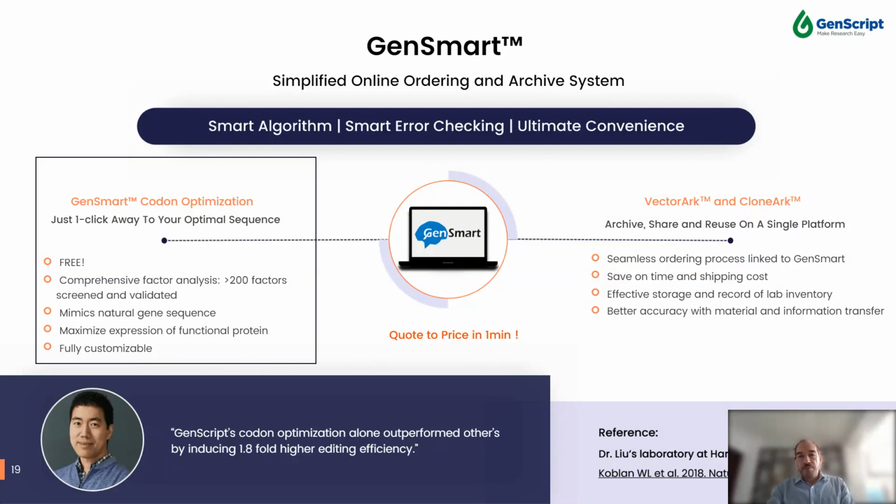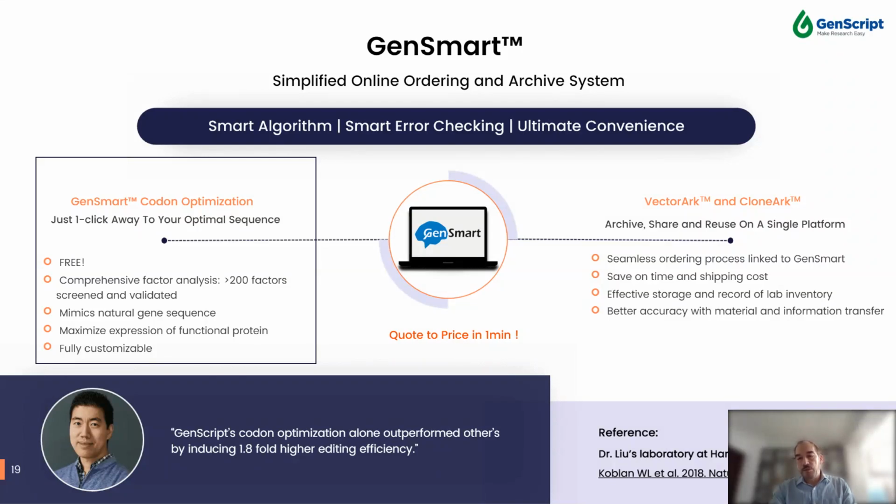I mentioned the GenSmart software system that we have. It's a very useful system for optimizing your codon, your gene sequence. It is very easy to use, does very comprehensive analysis using over 200 factors that have been screened and validated. It mimics natural gene sequences, maximizes the expression of the functional protein, and is fully customizable.